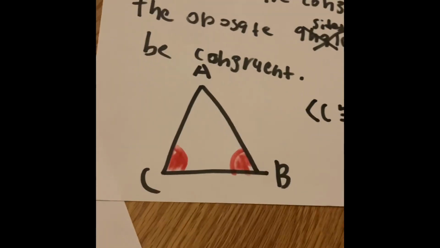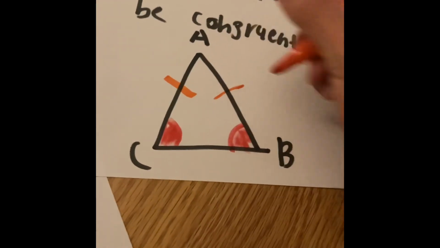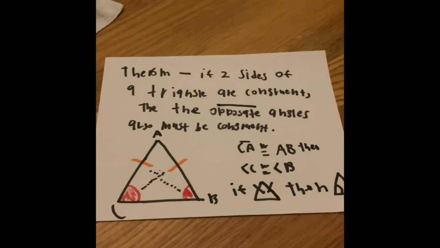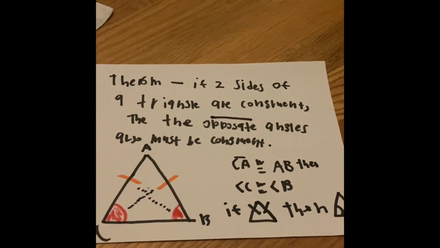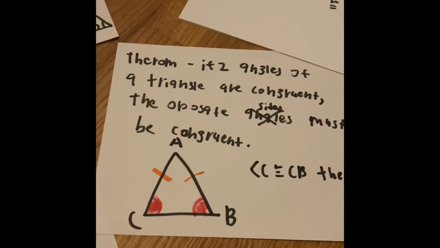We can say that these two sides are now congruent. It's the opposite effect of the one before, where we said sides before angles, but now we say angles before sides.